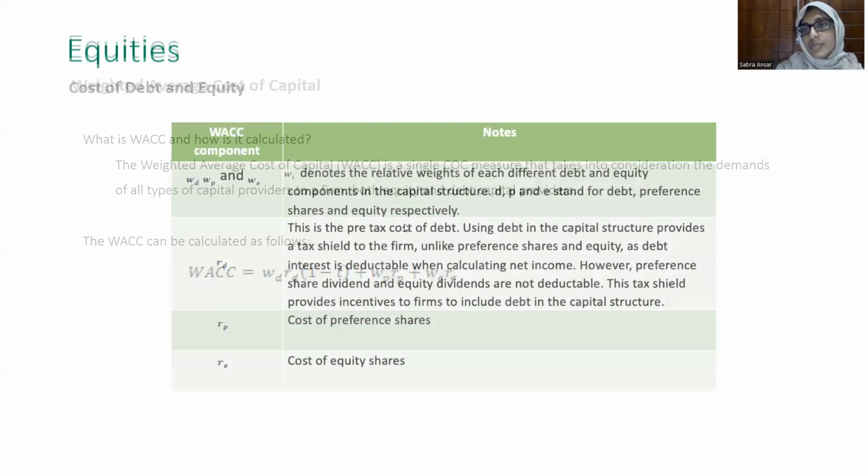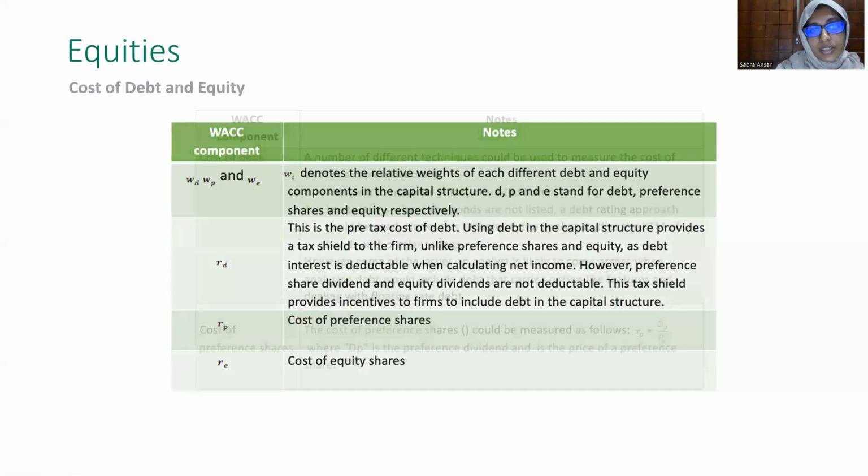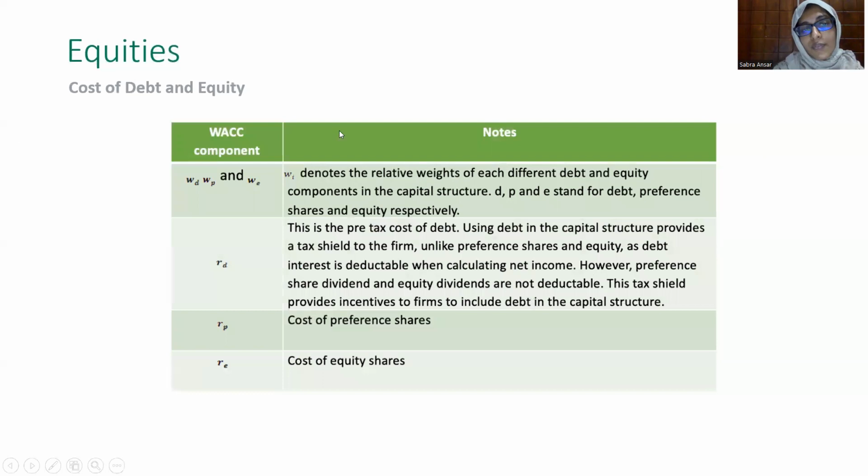So if I'm talking about what each section means, when it comes to WD, WP, or WE, it is the weight of each section, like the debt, the equity, as well as preference shares, respectively, related to the capital structure.